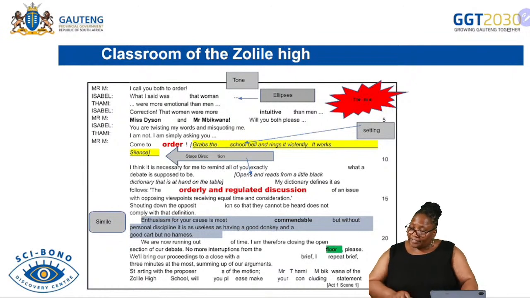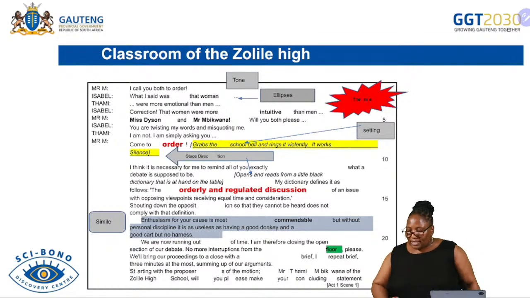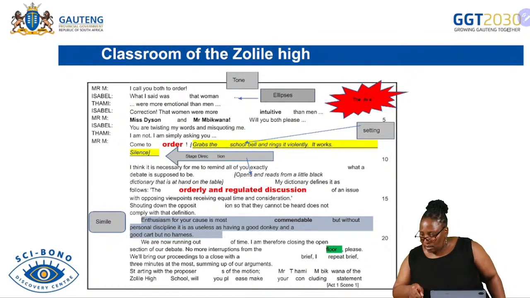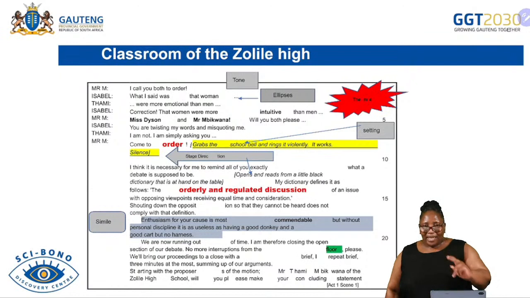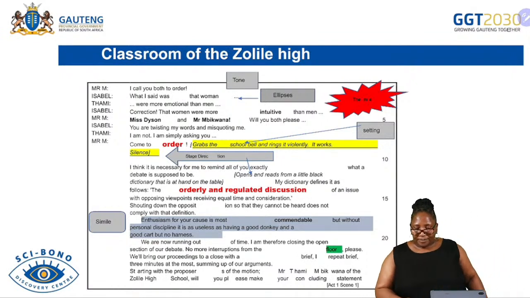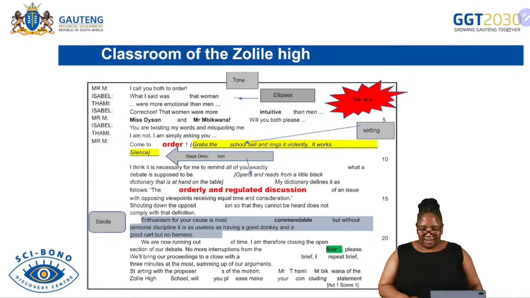We are now running out of time. No more interruptions from the floor, please. We will bring our proceedings to a close with a brief, I repeat, brief, 3 minutes at the most, summing up our arguments. Let's start with you, Mr. Tamim Bikwana of Zolile High. Will you please make your concluding statement?